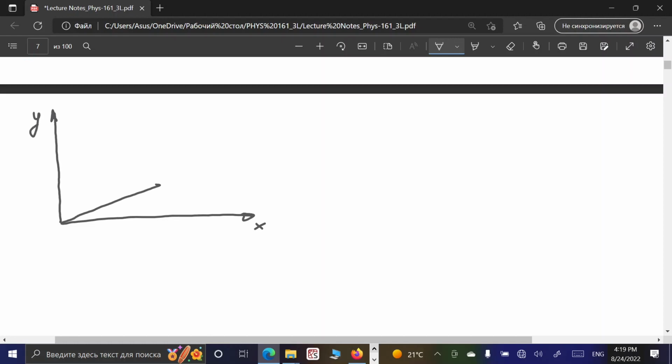So this will be initial position vector r naught, and here we have term originated from initial velocity vector, v naught vector times t, and additionally we have acceleration vector times t squared divided by 2.